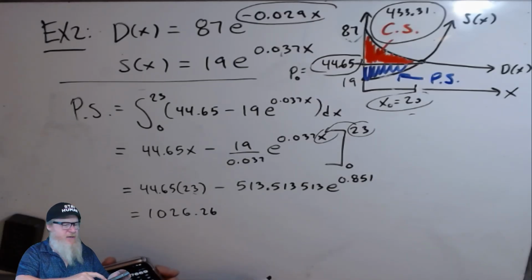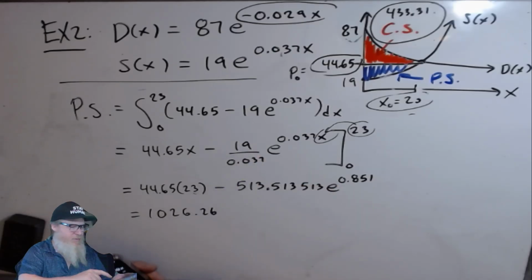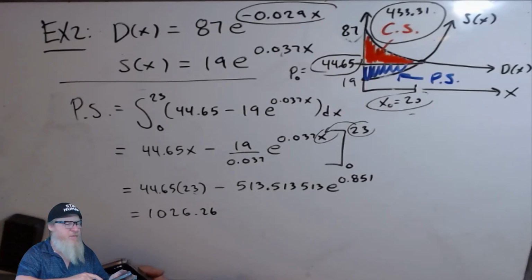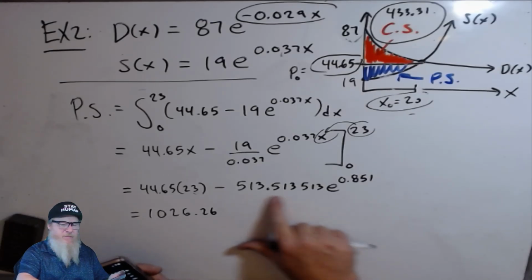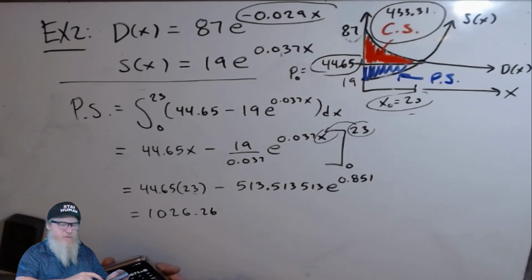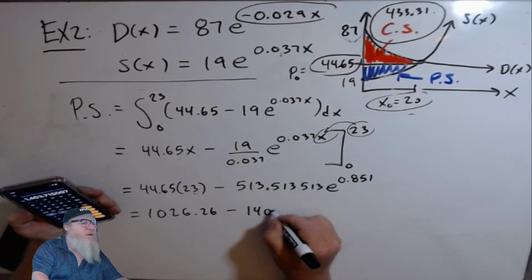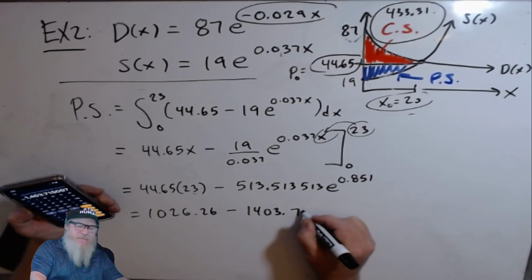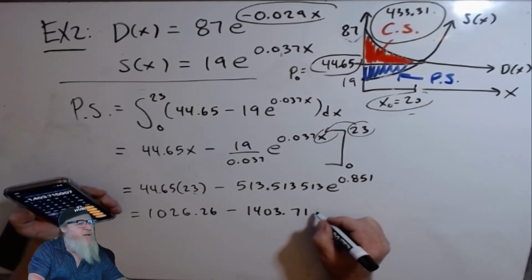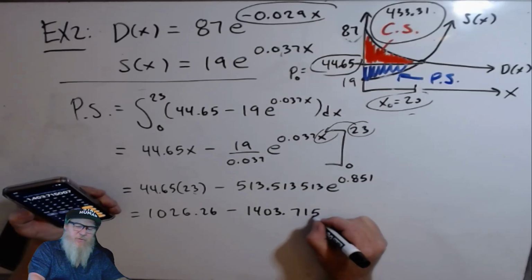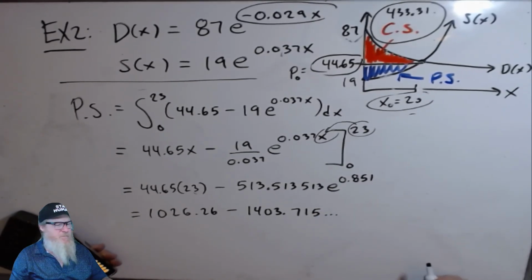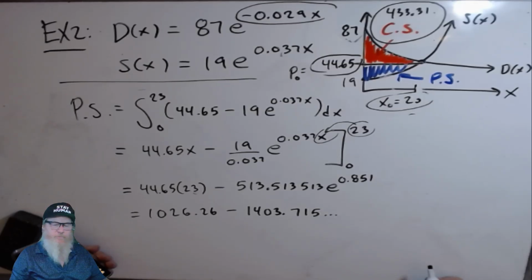And then times this number, this 513 number. And I get $1,403.71. It's actually 72 cents. I'm going to round it later.